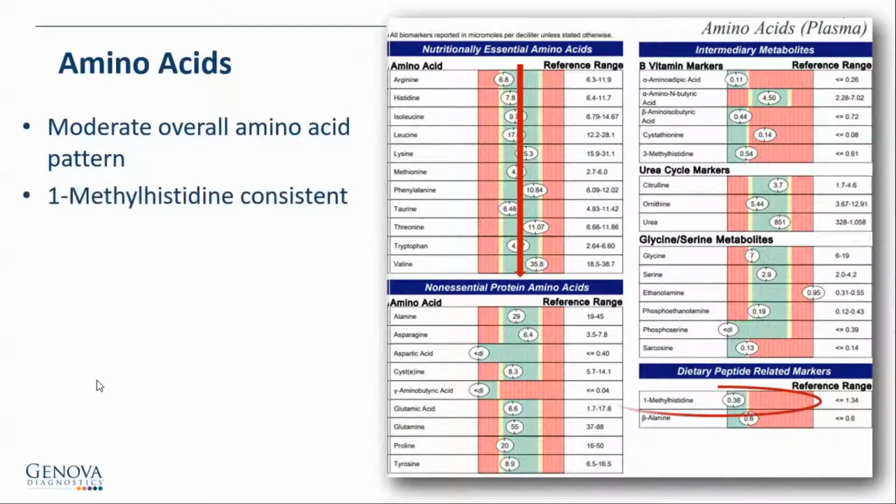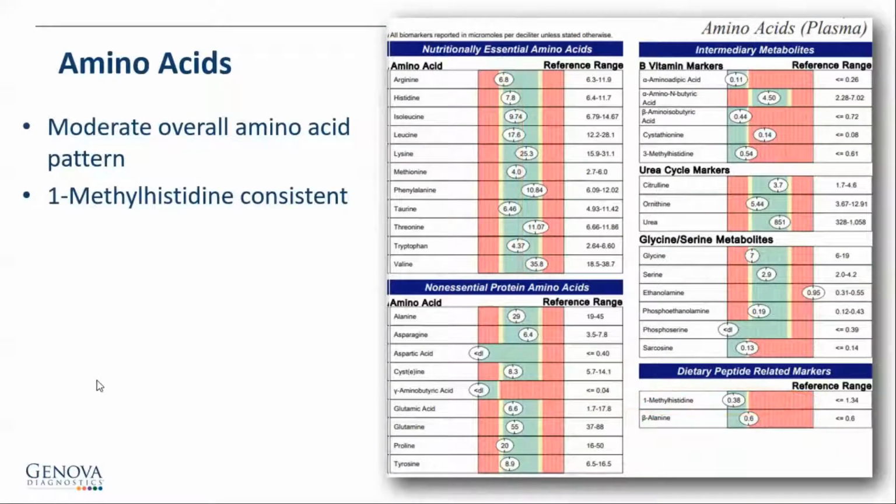And that's where 1-methylhistidine is very helpful because it tends to provide insight into dietary intake of protein from fish, from fowl, chicken, duck, turkey, and from meat. So in this case, I would say they're consistent. We have a moderate 1-methylhistidine and a rather moderate pattern of essential amino acids.